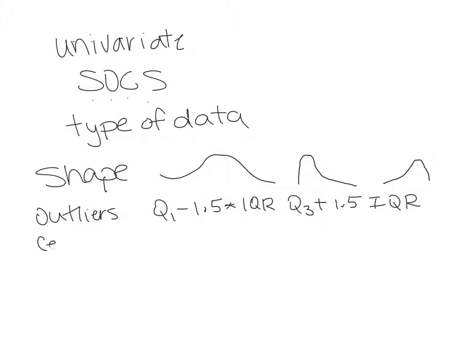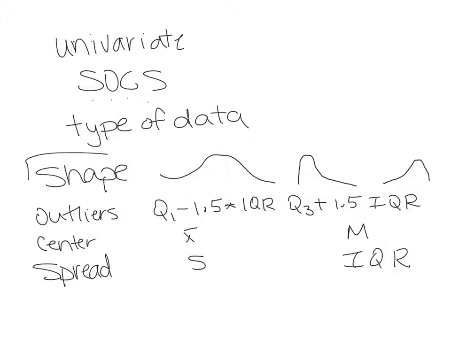The center, when the distribution is symmetrical, it's X bar. When the distribution is skewed, it's the median. The spread, when the distribution is symmetrical, it's the standard deviation. And when it's skewed, it's IQR.